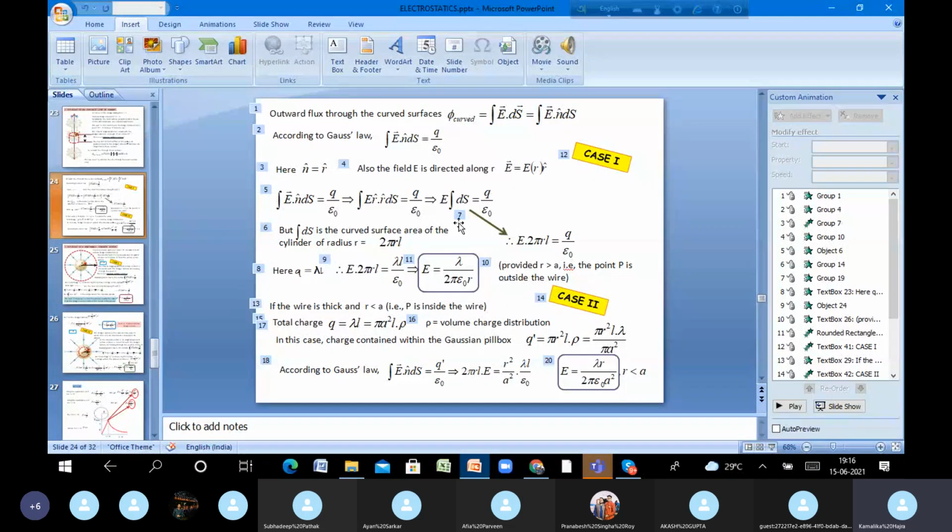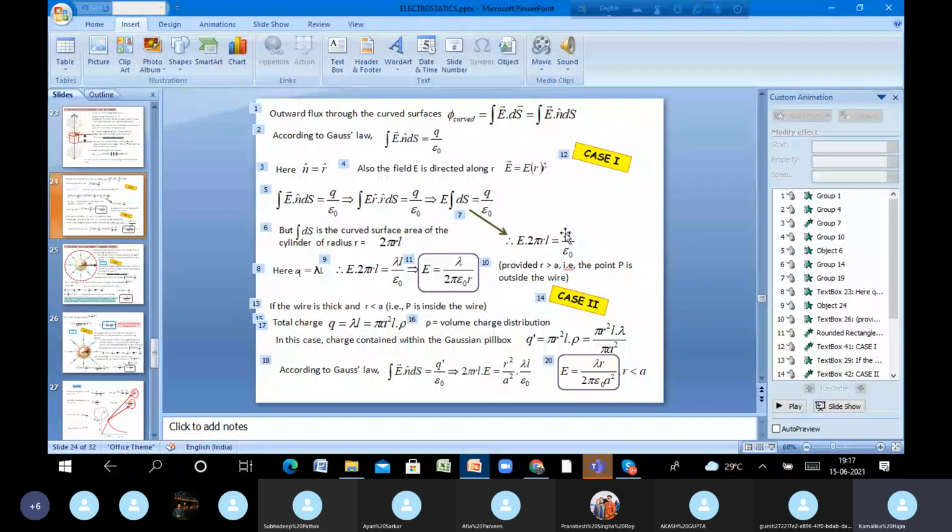Now this integration ds is the total curved surface area of the cylinder that we have drawn, the Gaussian surface. So that value is 2 pi rL. So E into 2 pi rL equal to q by epsilon naught.